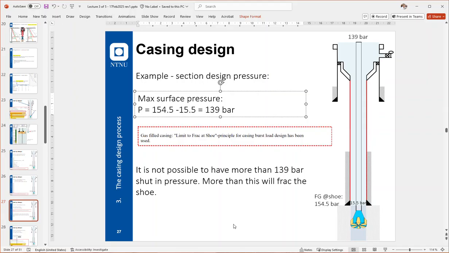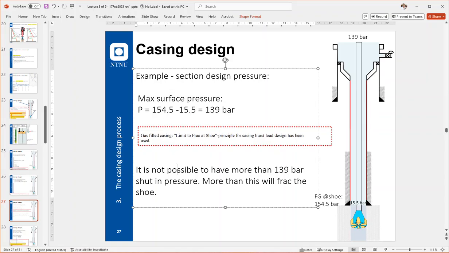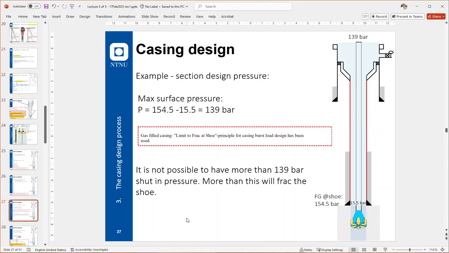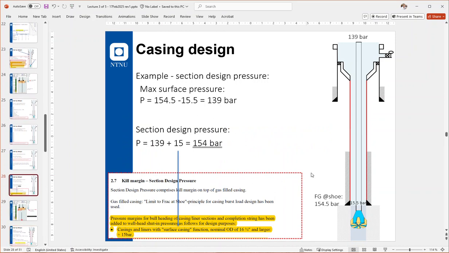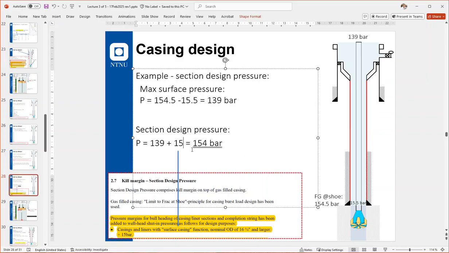And since this is a large casing, in the software where you're doing this analysis, it's called the limit to frac at shoe principle, like we talked about earlier. Now, to this 139 bars, we add 15 bars because it's a large casing, larger than 16 3/4 inch. And then the section design pressure becomes 154 bars.